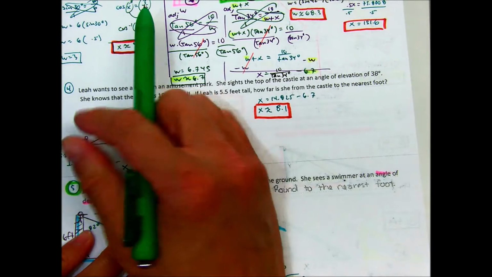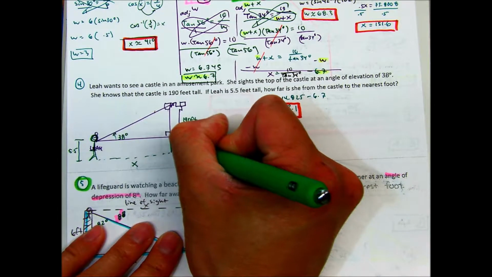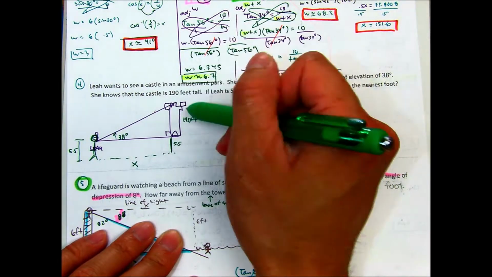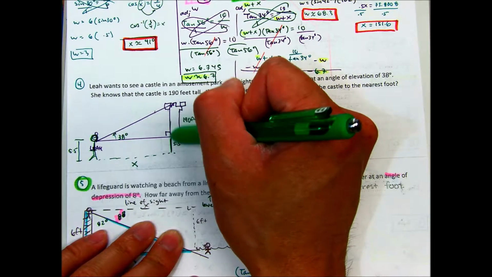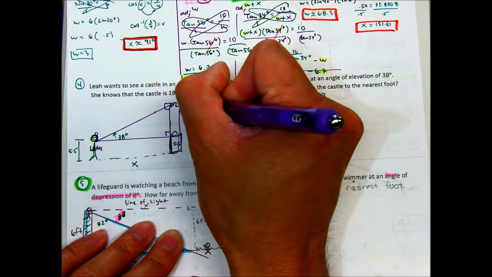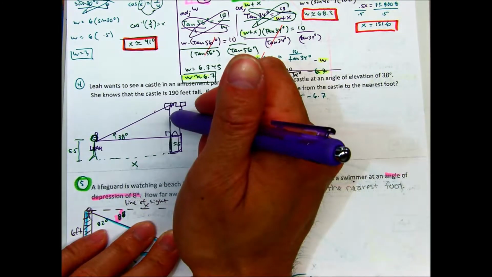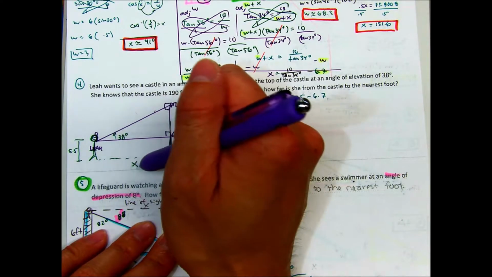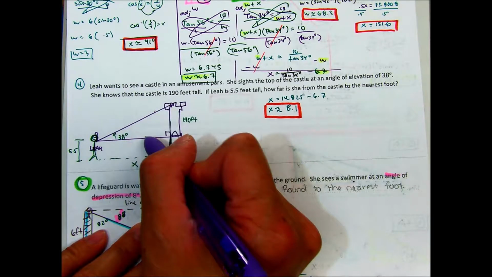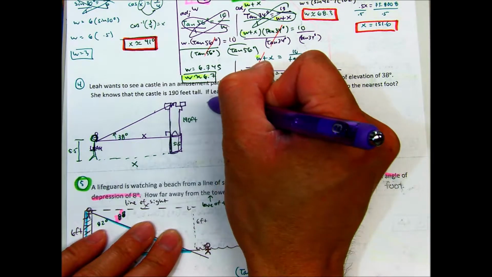So I'll draw this down here. If Leah is 5.5 feet, this kind of tells me then my castle's going to go further down. The whole castle is 190. And basically although we're solving for this side, x, the castle itself is 190 feet.